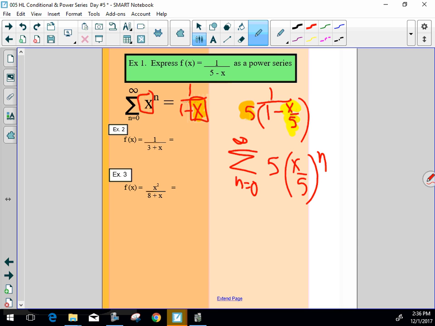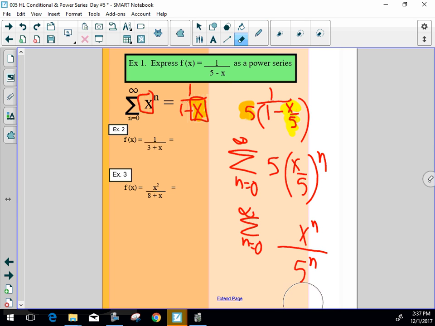And I'm going to play around with this just a little bit algebraically. I'm going to say that this is 5 times x to the n over 5 to the n. Do you agree with that? And then this is the same as 5 to the n over 5, right? Or I would just say 5 to the n minus 1. This and this work to be the same.